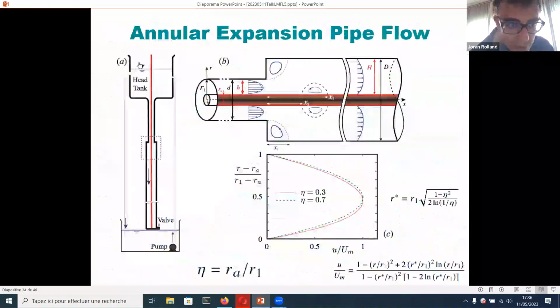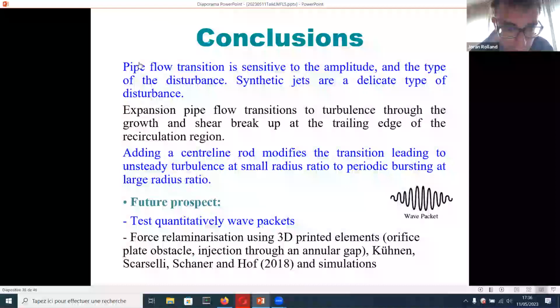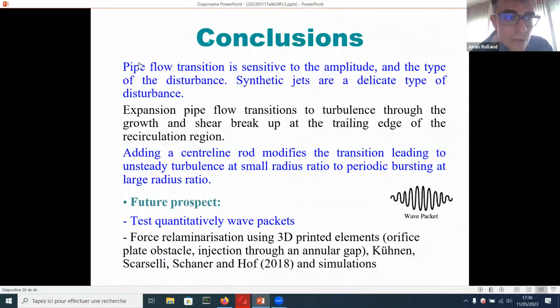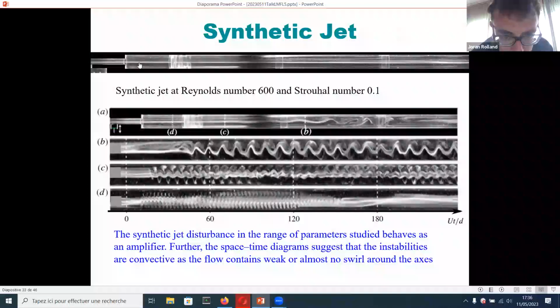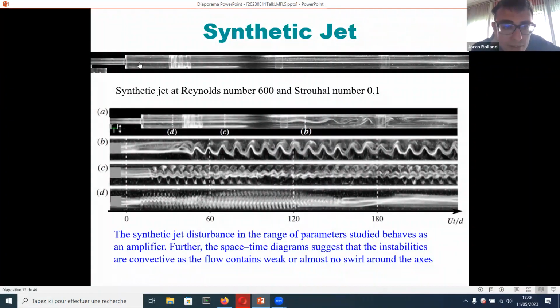So maybe if not, I will ask a few questions. Can you go back to slide 33? This one here. I was a bit surprised when you said that what you observed was dependent, at least the fact that it amplified disturbances and created a wavy pattern.